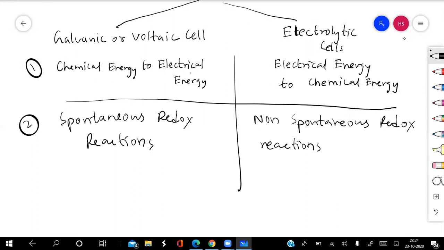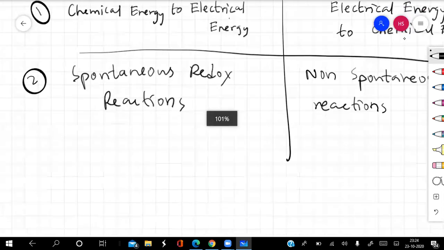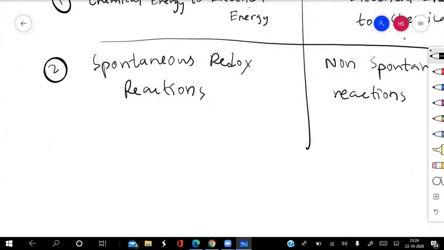At one electrode, oxidation takes place, which is called the oxidation half reaction, and at the other electrode, reduction takes place, which is also called the reduction half reaction. Understood? When you add both of these reactions together, the overall reaction that we get is called the redox reaction.